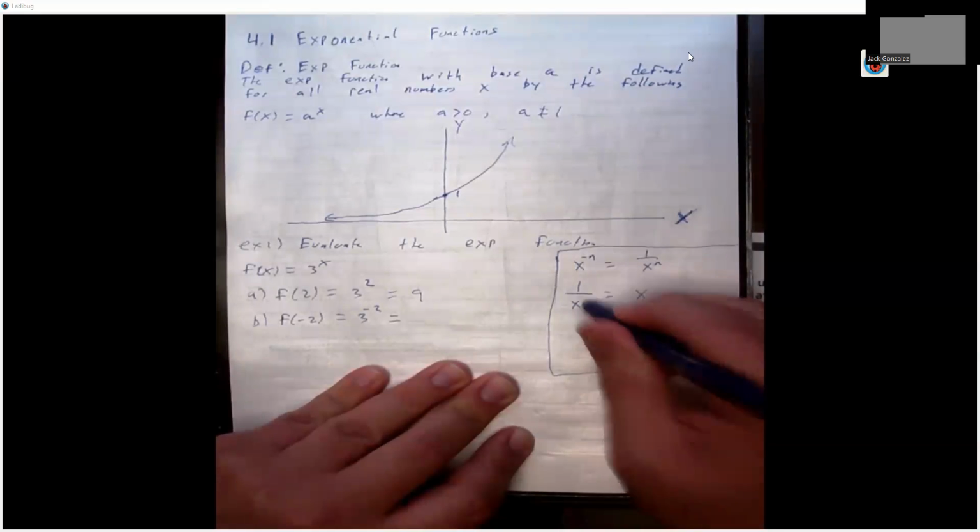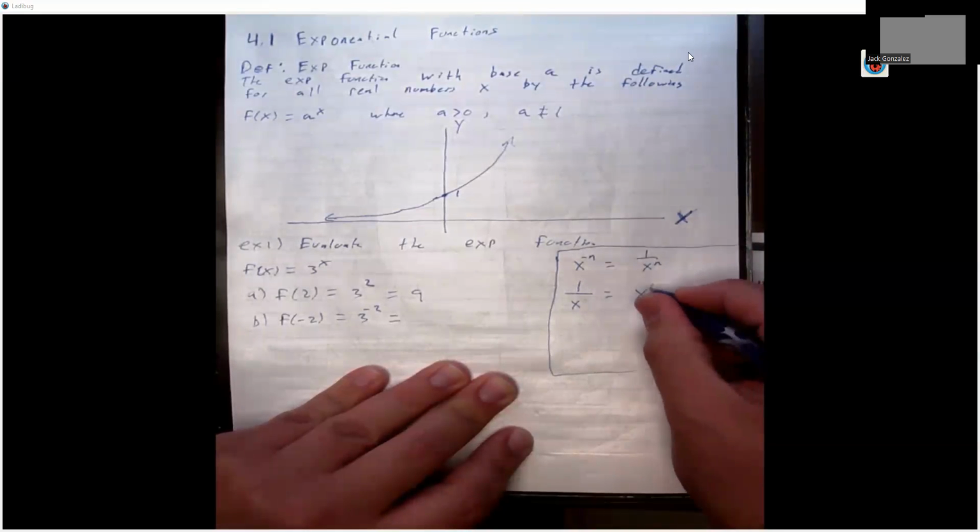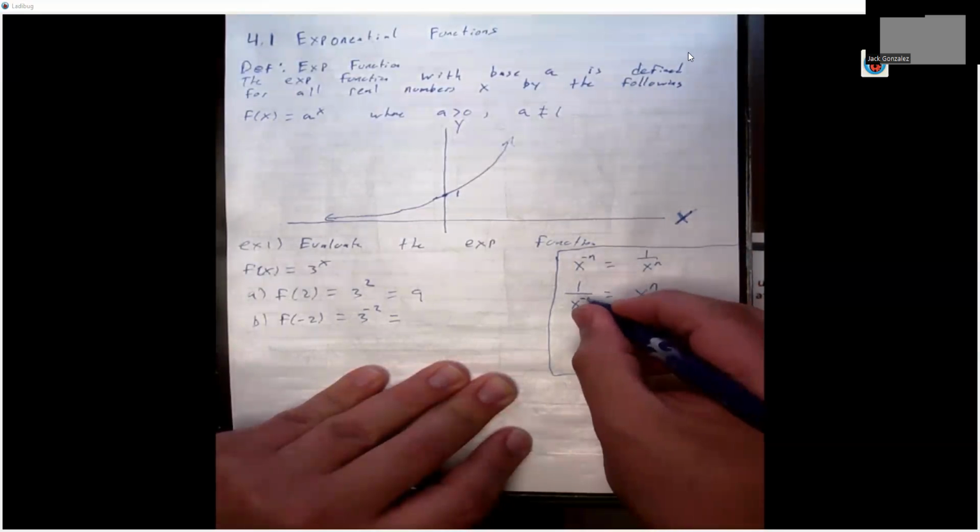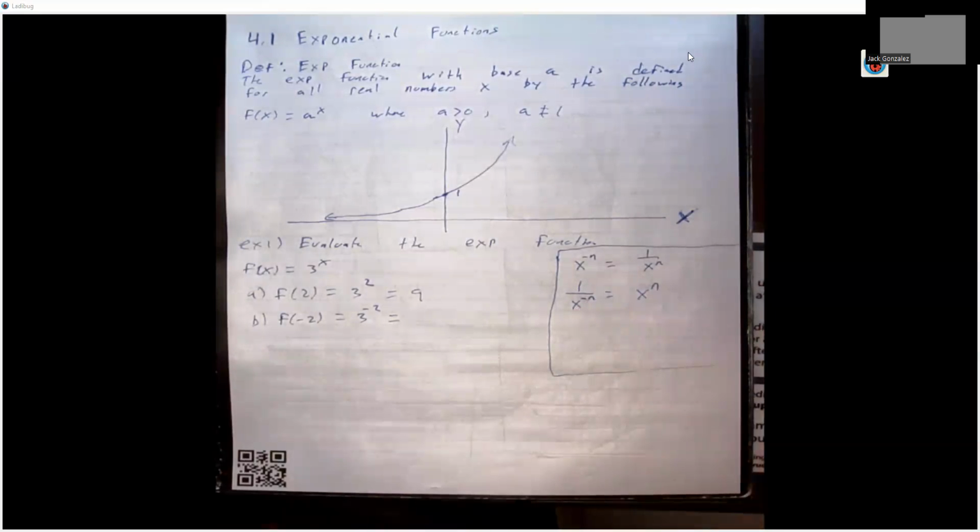If it's negative down here, you can bring it up to make it positive, is what I meant to say. So if you move it up or down, just switch to the opposite sign. If that's helpful in a problem, go ahead and do it.